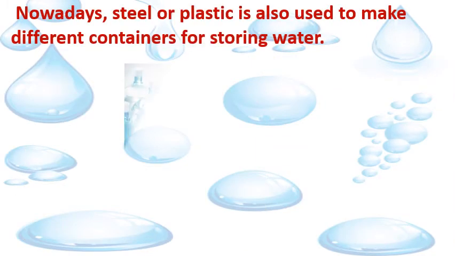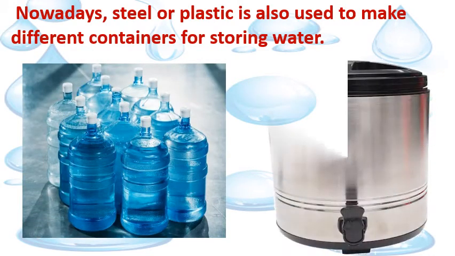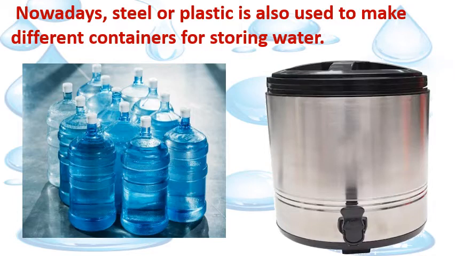Nowadays, steel or plastic is also used to make different containers for storing water. We live in cities and we are using plastic containers and steel containers in more percentage.